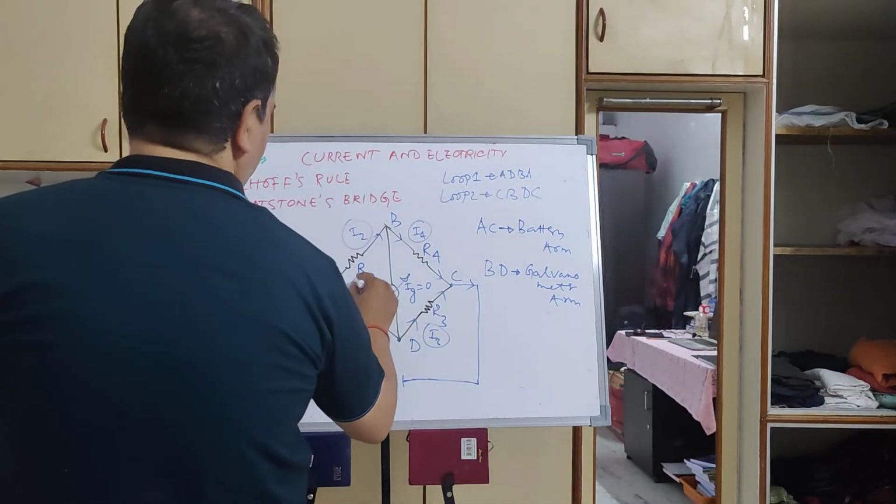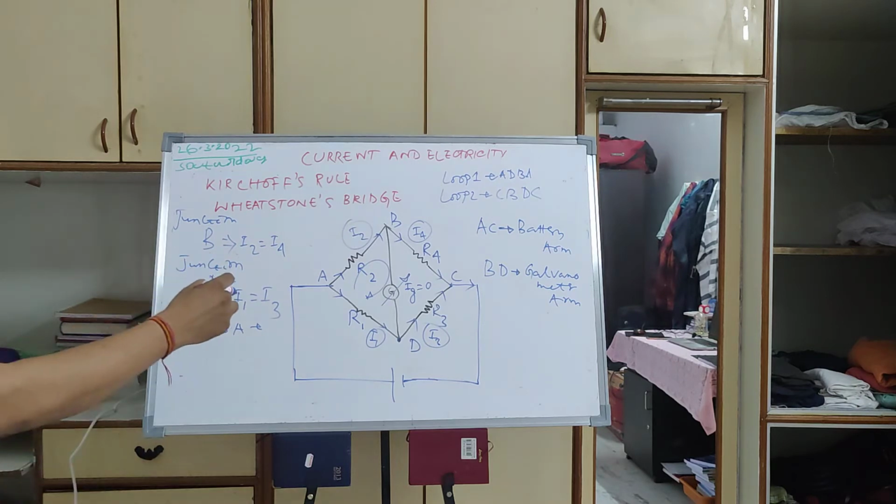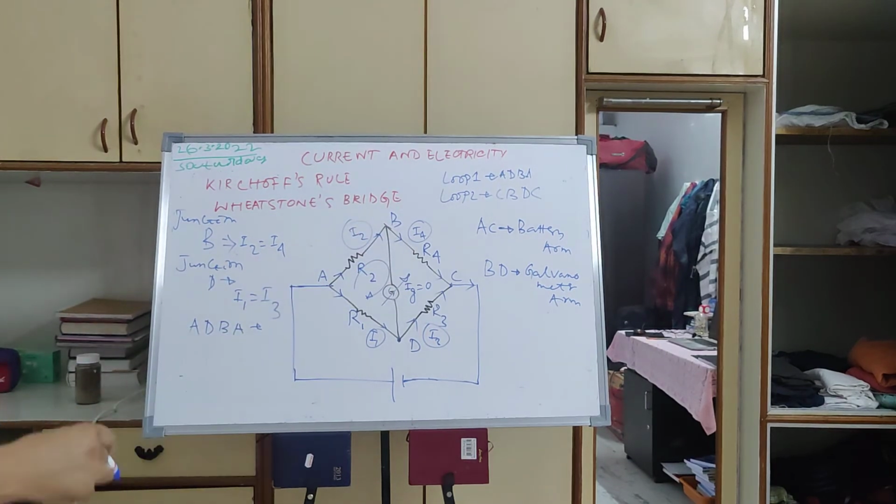You follow a loop like this. If you follow like this, whatever follows the arrow, that is positive, your assumed direction.